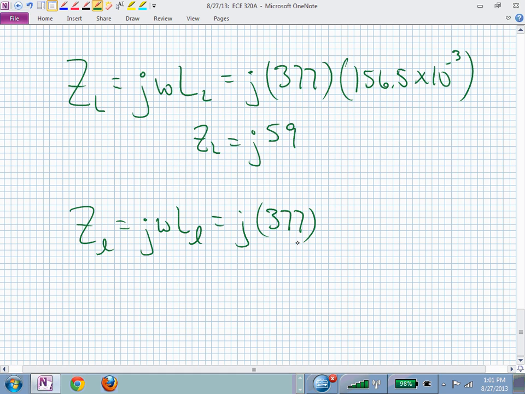Our frequency hasn't changed. The only thing that's changed is our inductor value, which in this case was 2.653, or 2.6 millihenries, roughly. And that ends up being 1 in value.